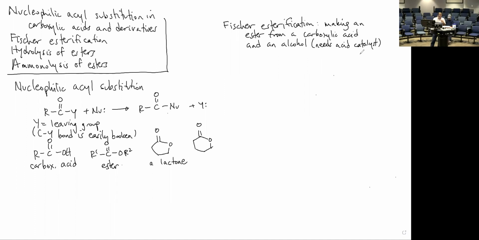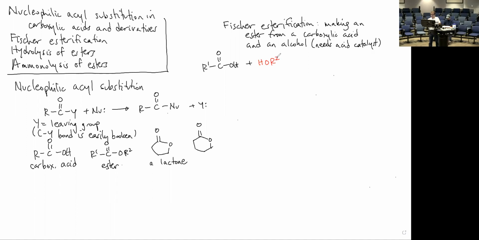Basically the idea in general is we're going to take some carboxylic acid and we're going to add some alcohol. Actually, let me make that of a different color. I think that'll look nicer. We'll call the alcohol HOR2.